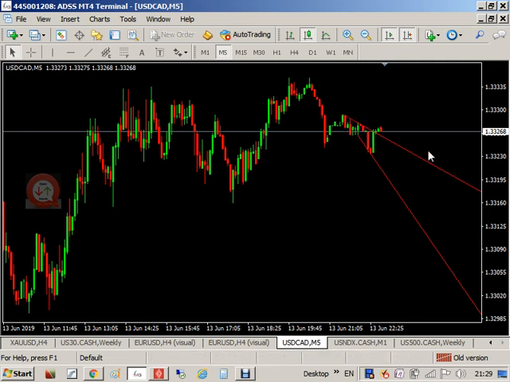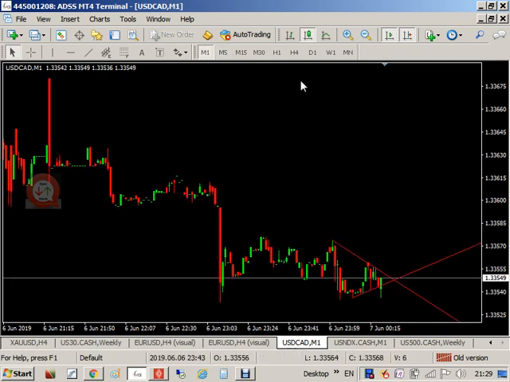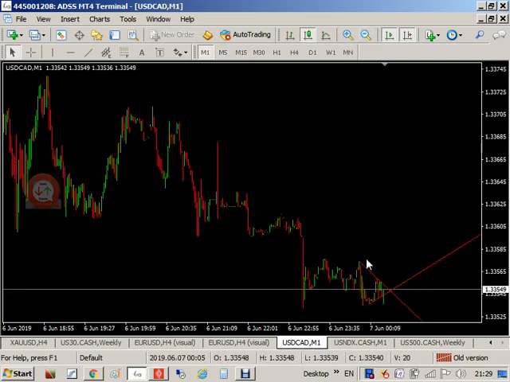This kind of signal can help you see whether the market is going up or down in the next 10 minutes, or you can use it even on the 1 minute chart. You can see if it is going up or down, so you can bet on the market. Some users told me about this.